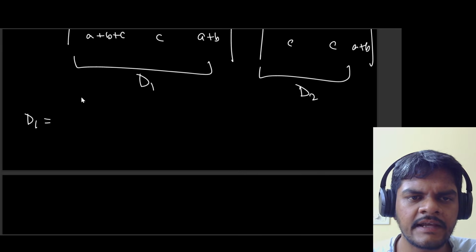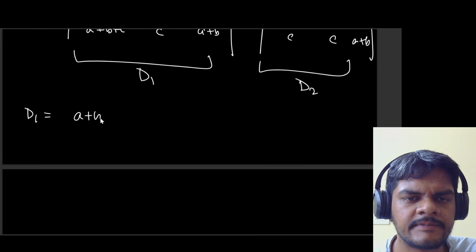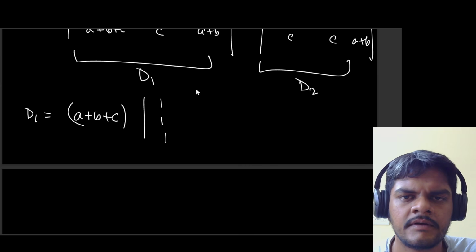In the first one, I can take out A plus B plus C common. So I'll write it as A plus B plus C into determinant 1, 1, 1.